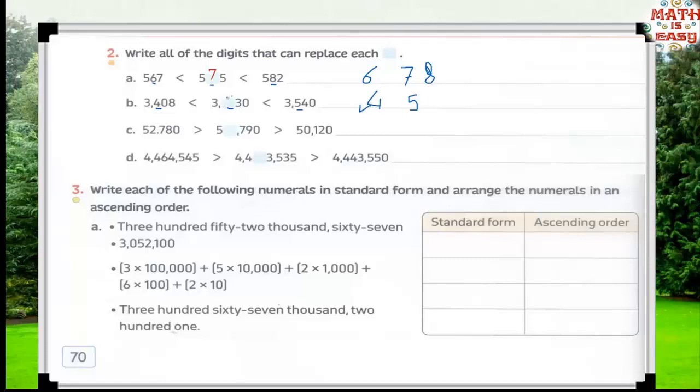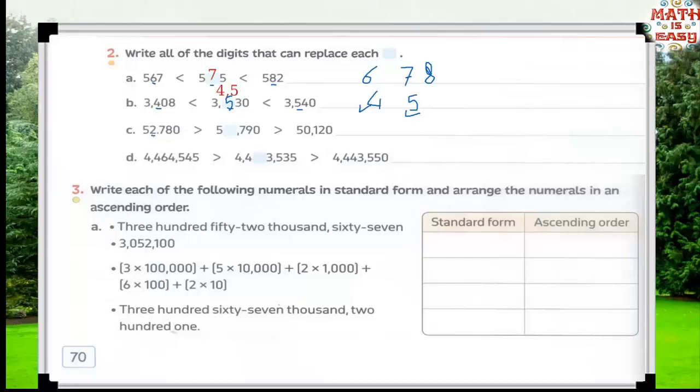If we put 5 in this place, 530 versus 500: 5 equals 5, but 30 is less than 40. That means 5 is right. In the next step, compare this number with the first number. 530 is more than 408, yes. So 5 is a right answer. You should write here 5 or 4.